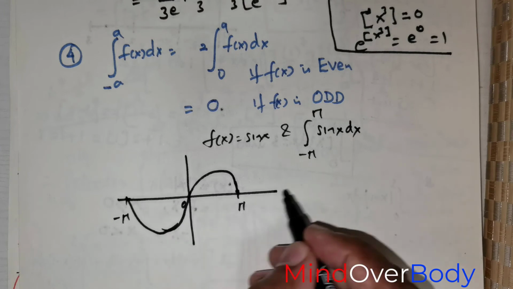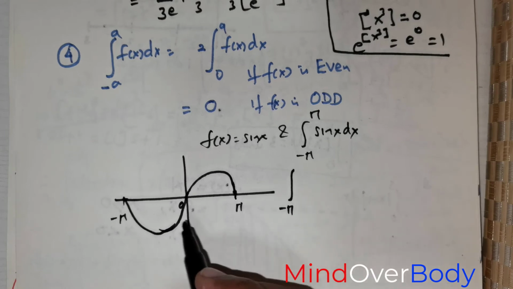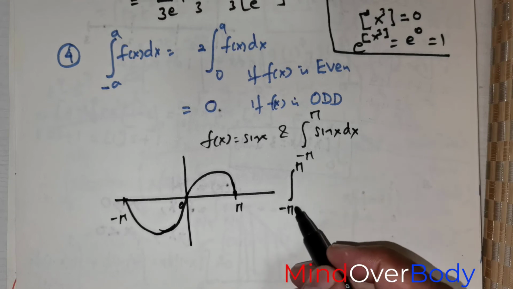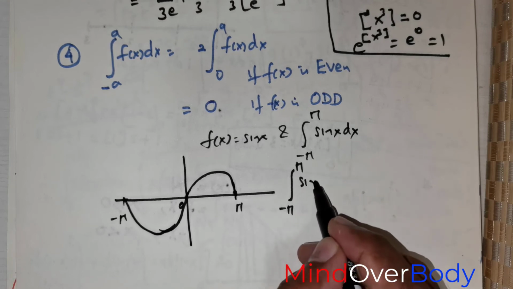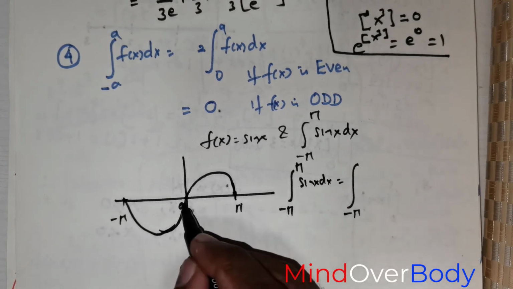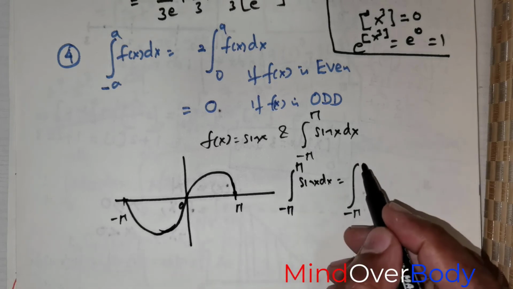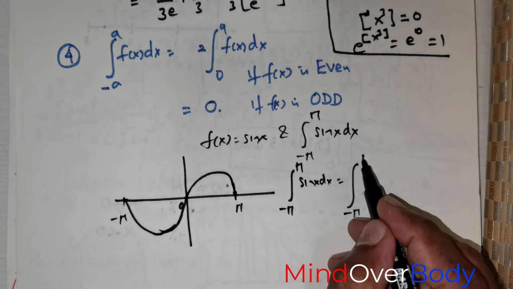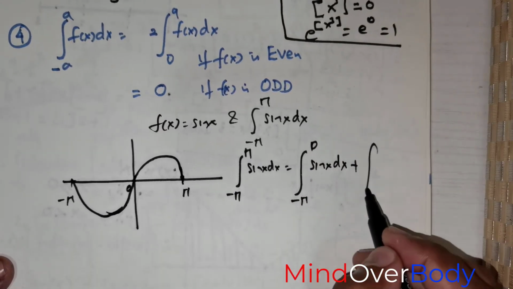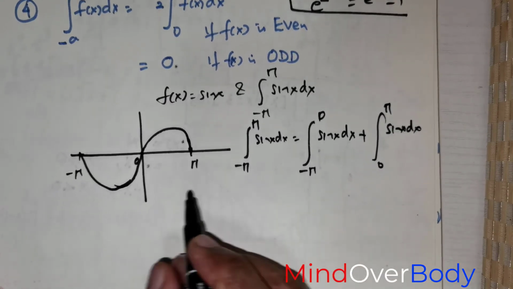Now if we were to split this integral, let me just write this parent integral first, negative pi to pi sine x dx. This is going to be negative pi to 0, because at 0 there is a split at the point 0 there. So that's going to be negative pi to 0 sine x dx positive 0 to pi sine x dx.